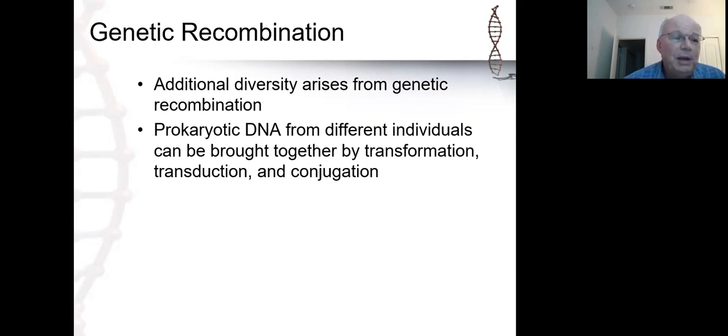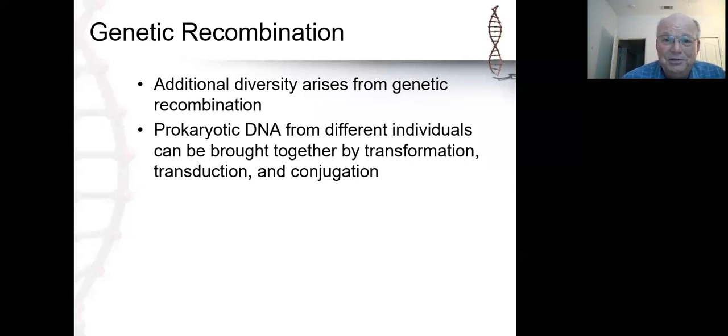Hopefully you learnt about this in Bio 1, because transformation was discovered as a means for changing the phenotype and the underlying genotype of bacteria back in the 1920s and 1930s.